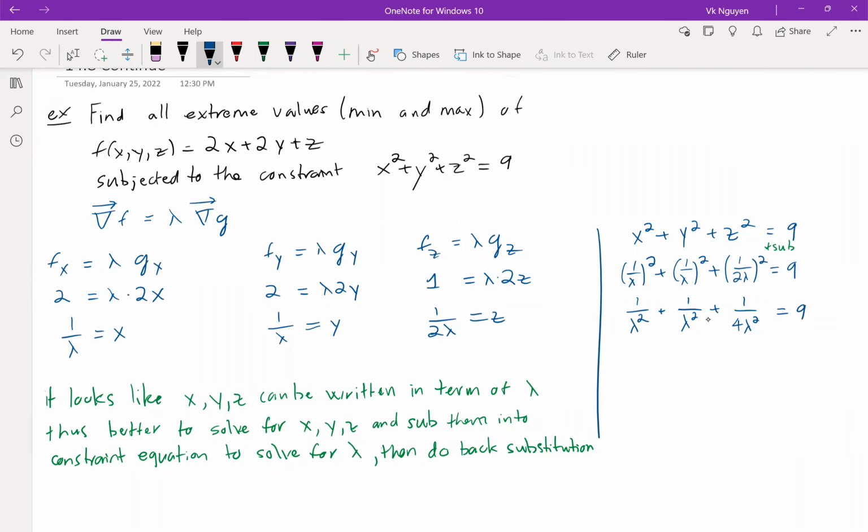Well, you guys can do a common denominator here. And we have 9 over 4 lambda squared equals 9.